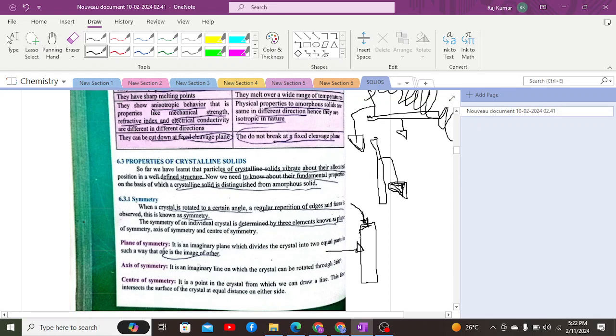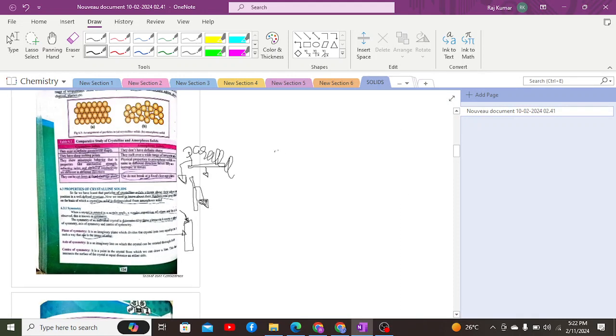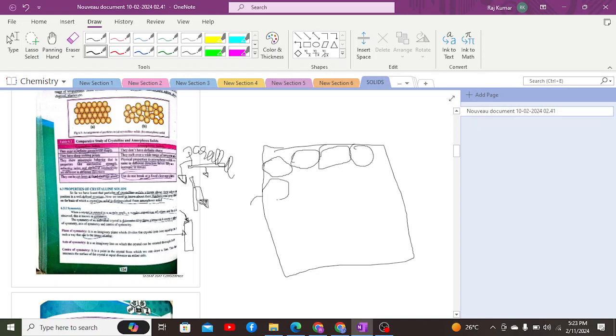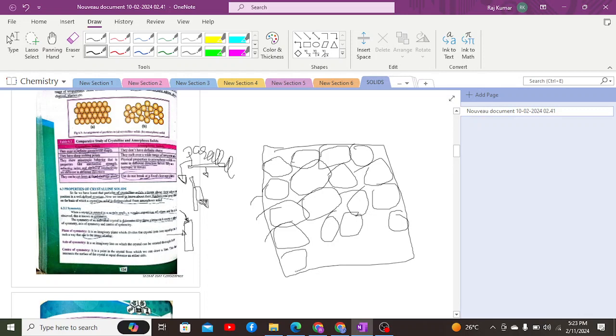And the reason behind it is something like this. Let me just draw the structure a bit. Let's suppose these are the molecules of graphite. Just trying to draw a rough structure here, as we have the molecules, right?